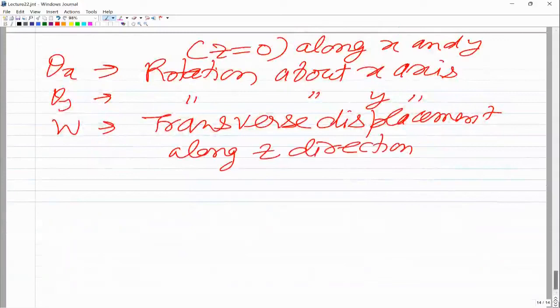And the main assumption here is, like in classical plate theory, you assume that the straight normal to the middle surface remains straight and normal after deformation. That's the main assumption in classical plate theory. Here we still keep the assumption that the straight normal remains straight but need not be normal to the middle surface after deformation.